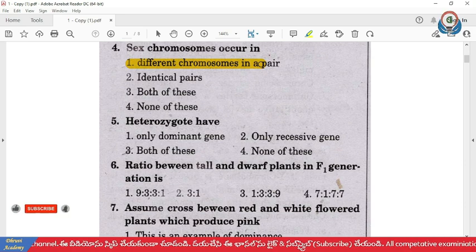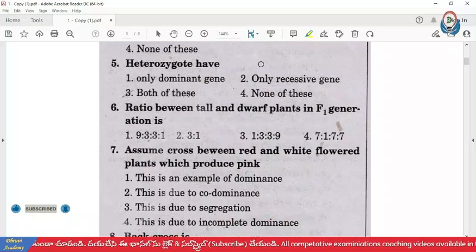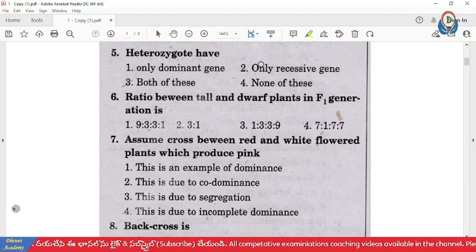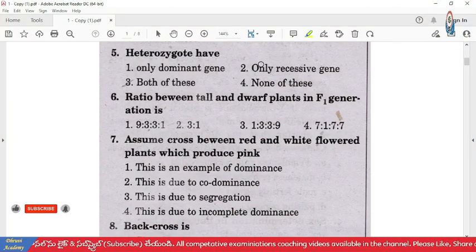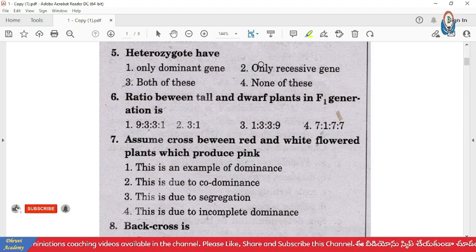Next, heterozygote: one, they have only one dominant gene, or two, only a recessive gene, or three, both of these, or four, none of these? Which is the correct answer? The answer is both of these.